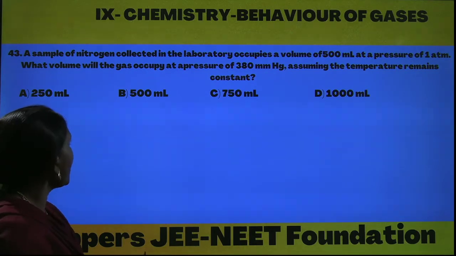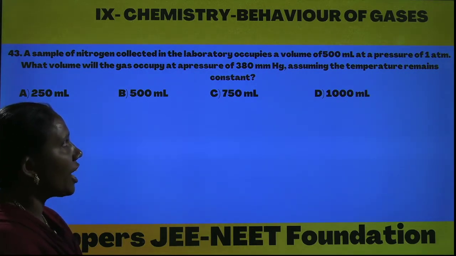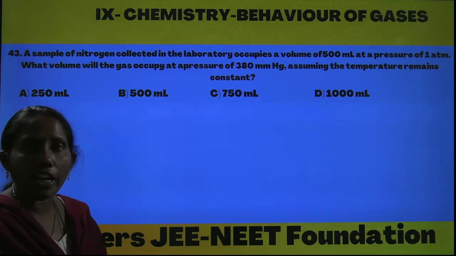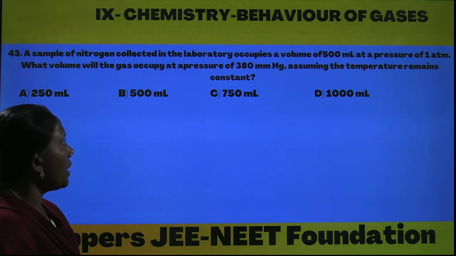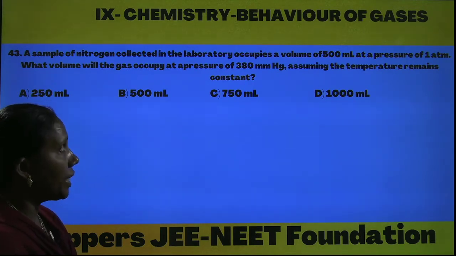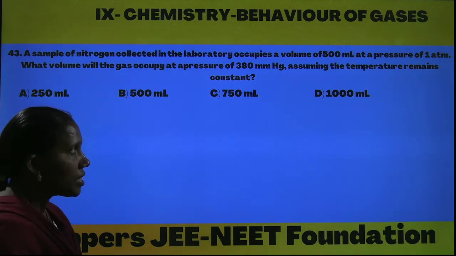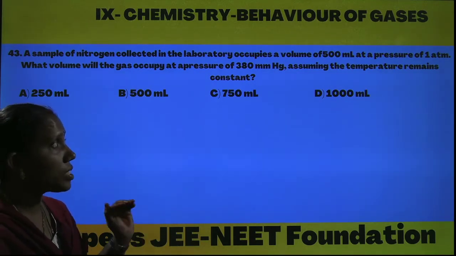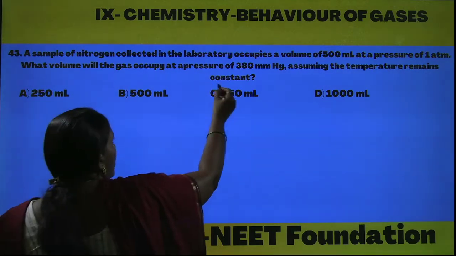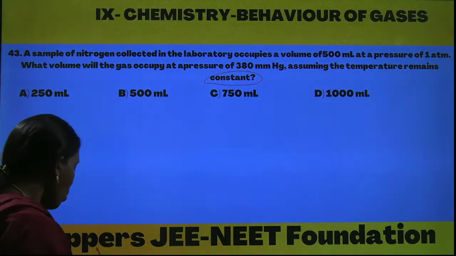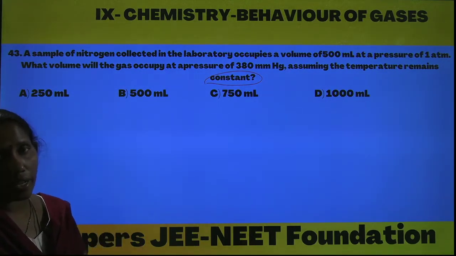A sample of nitrogen collected in the laboratory occupies a volume of 500 ml at a pressure of 1 atmosphere. What volume will the gas occupy at a pressure of 380 mm of Hg, assuming the temperature remains constant? Temperature remains constant, as he has given right here. So let's find out what law is applying here.